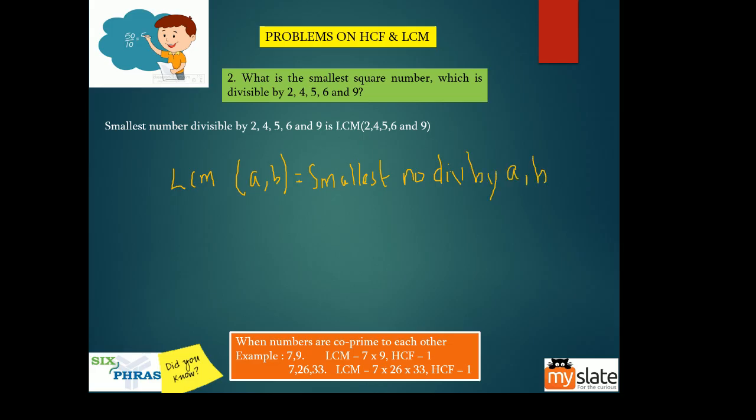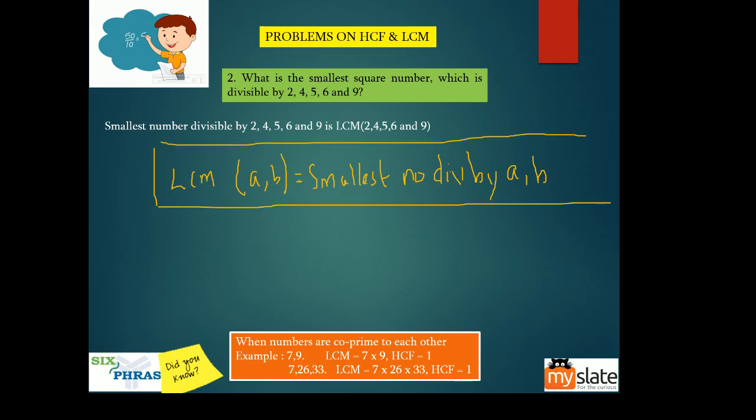So this, write it down somewhere, keep it, okay, take a screenshot. This is a very important thing that we will be using. So LCM of any two numbers will be the smallest number divisible by A and B. Similarly, the smallest number divisible by 2, 4, 5, 6 and 9 is the LCM of 2, 4, 5, 6 and 9.